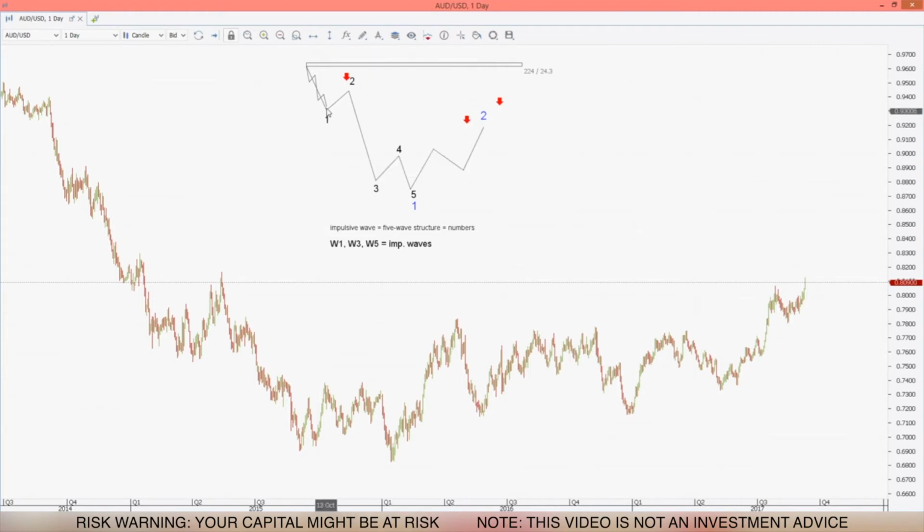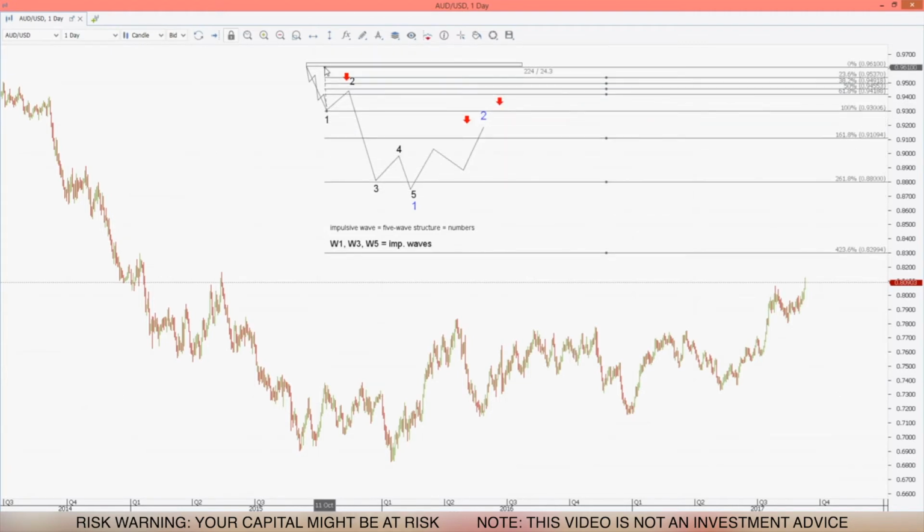We measure the length of the first wave, and then we look at 161.8. Then we take the outcome and project it from the end of the second wave. We must know exactly where the second wave ends.